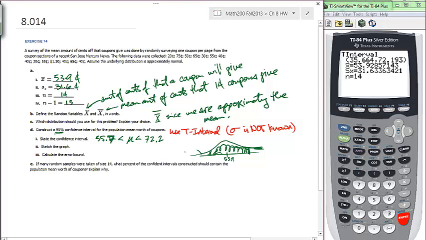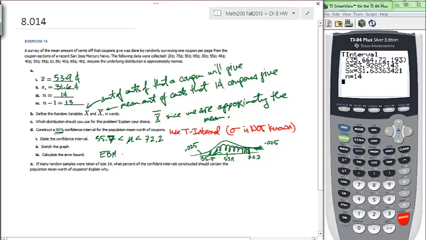So half of that is 0.025, half of 5%, 0.025. And then we actually have our confidence interval here, 35.7 and 72.2. So that's our graph.